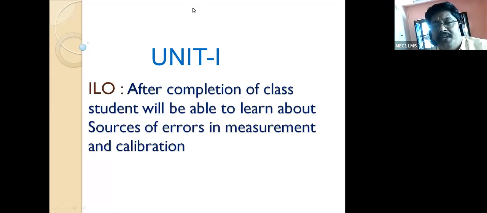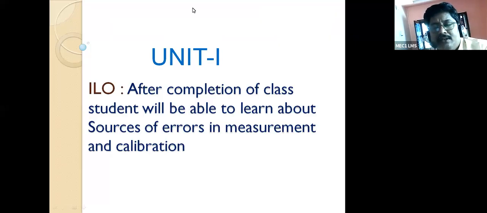In the intermediate stage, a manipulator is there, a transmitter is there, a processor is there. In other words, this intermediate stage we can also call a signal conditioning section. Here the output from the transducer is the input to the intermediate stage, right? The output from the transducer is nothing but an electrical signal, or maybe another form.